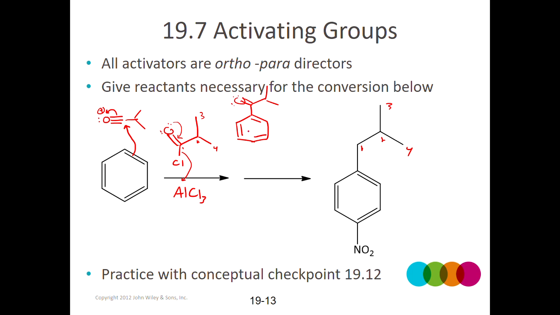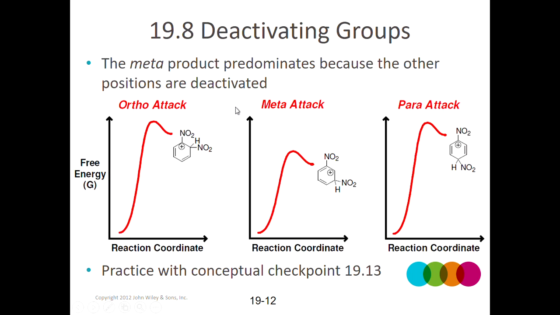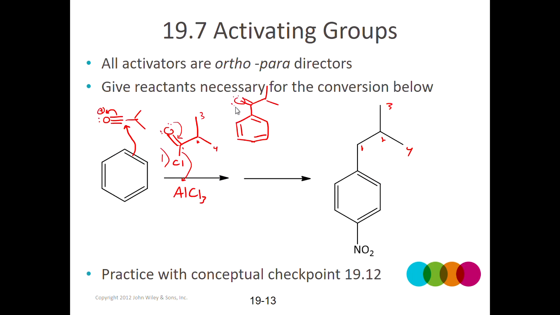And the answer is you don't want to try to install the nitro group first, because this is also a meta director. It's similar to the nitro group we looked at over here, in that because the CO double bond through resonance electrons can shift out here and create a positive here, that can allow these electrons to shift up.